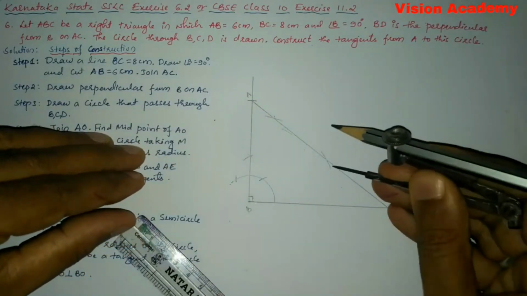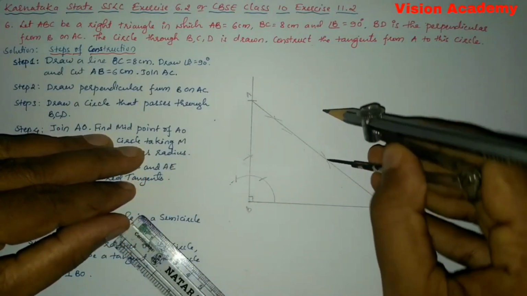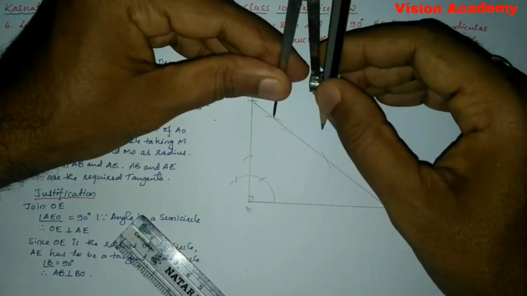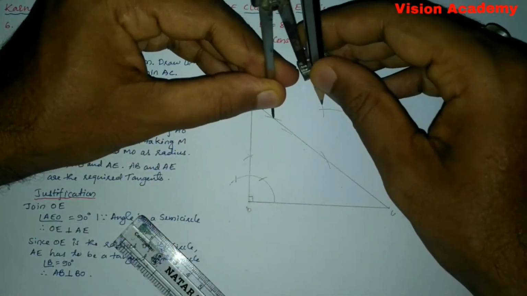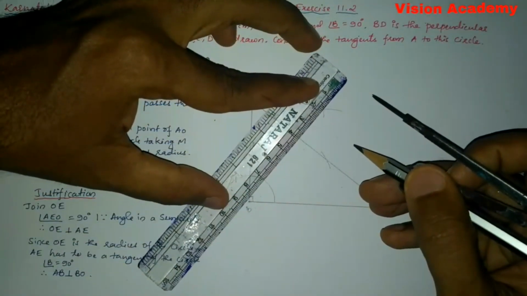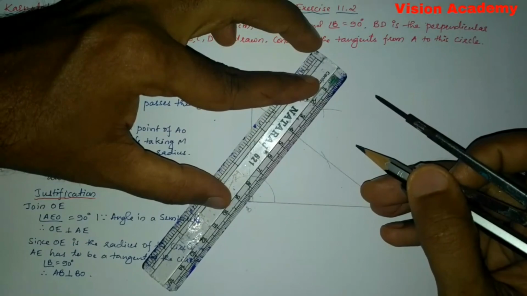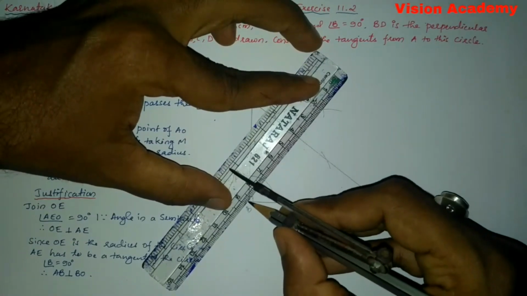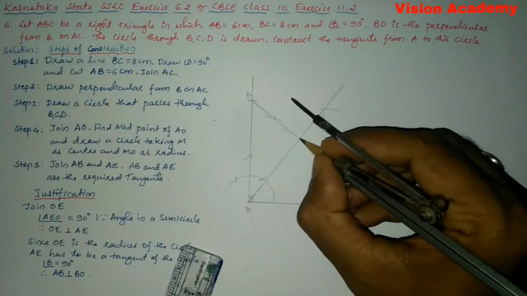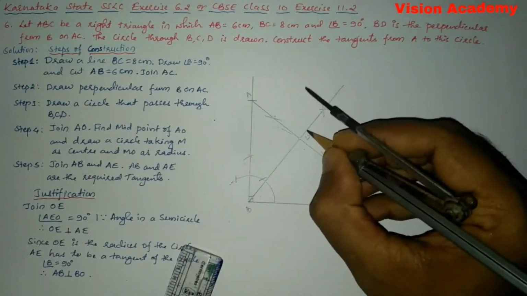Now let us keep on this point and draw one arc, and keeping on this other point, draw another arc that intersects. Join both of these 2 points to get the perpendicular from B on AC. Let us name this point D.